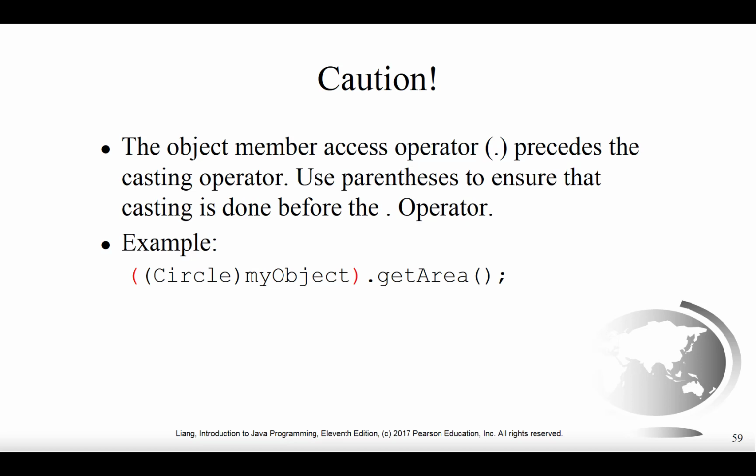And besides that, the getArea method is not a method of my object, because in this particular instance my object would be a geometric object which does not have a getArea method. So for this to make sense at all, we need to first of all cast my object as a circle, and then take the result of doing that, which is now a circle object, and use it in conjunction with the getArea method. To enforce that order of evaluation here, we need to put those red brackets in, or it simply won't work correctly.